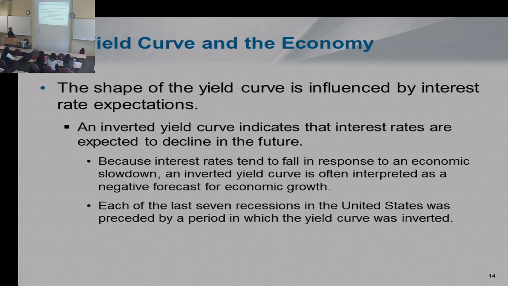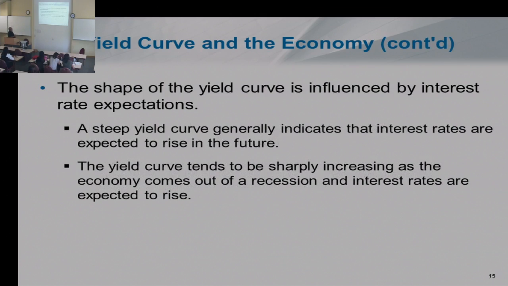So the inverted yield curve is interpreted as a negative forecast for economic growth. An upward sloping yield curve indicates that interest rates are expected to rise in the future. It doesn't mean they will. This is all about expected. They're expected to rise in the future. So as you come out of a recession, interest rates rise.